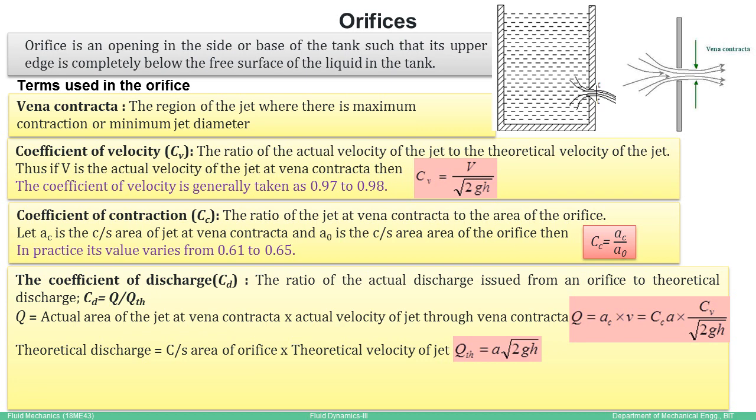Similarly, theoretical discharge is the cross-sectional area of the orifice multiplied by the theoretical velocity of the jet. So comparing these two, Cd will be equal to Cc into Cv. This is the expression we used earlier in the derivation of Q for the orifice meter.